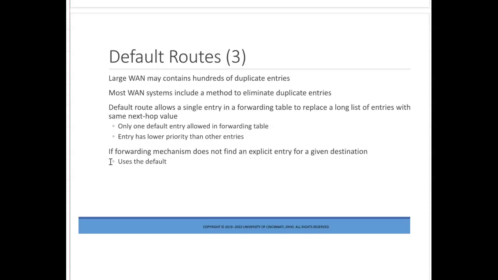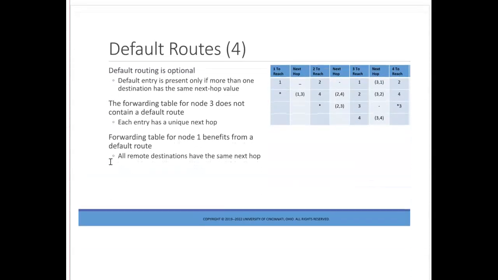Only one default entry is allowed in a forwarding table, and the default route entry has lower priority than other entries. If the forwarding mechanism does not find an explicit entry for a given destination, it uses the default route. Default routing is optional, and a default entry is present only if more than one destination has the same next hop value.